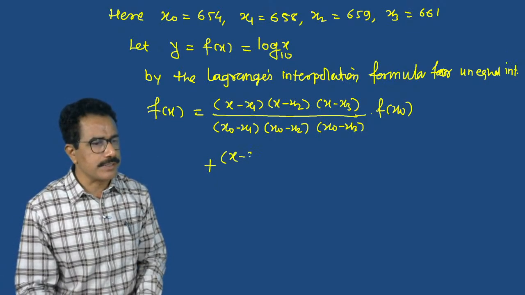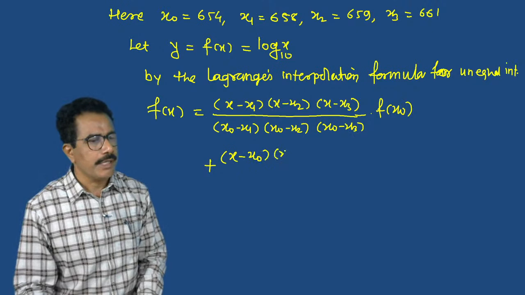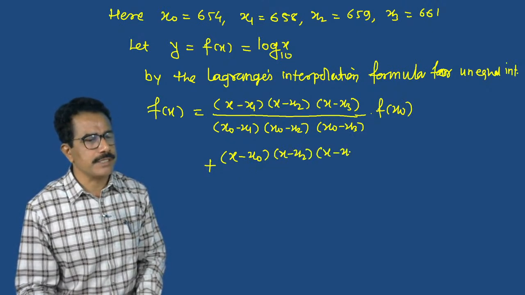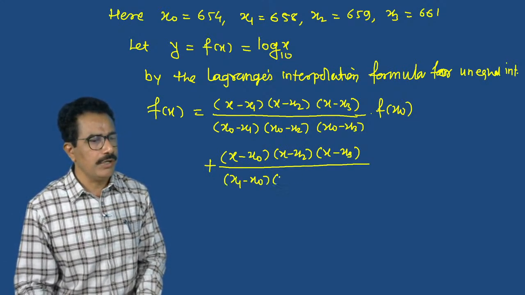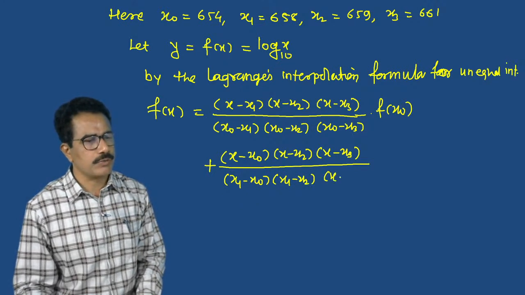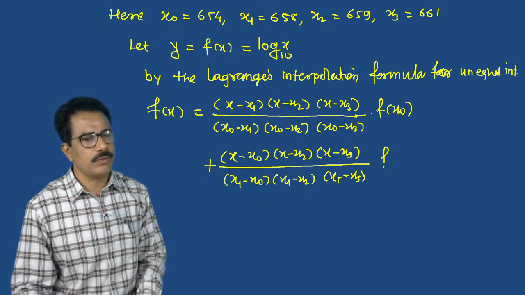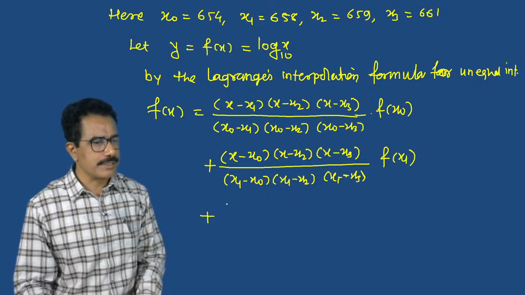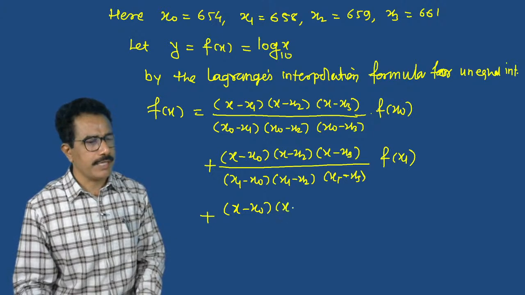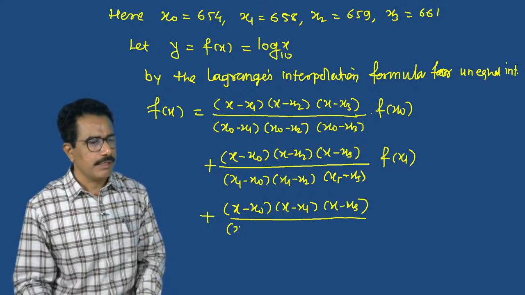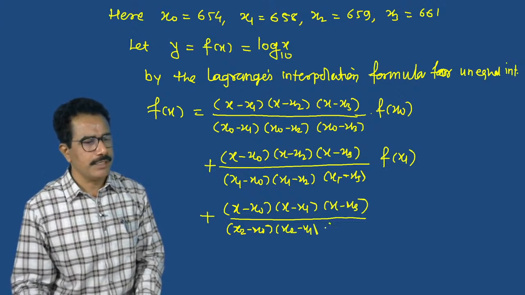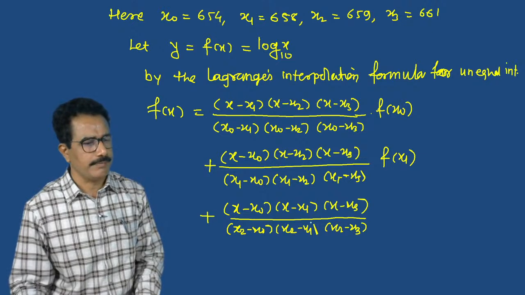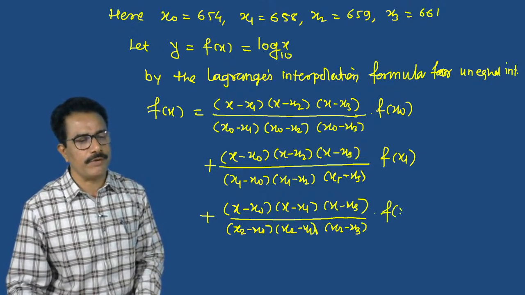So x minus x0, x minus x2, x minus x3 divide by x1 minus x0, x1 minus x2, x1 minus x3 into f of x1 plus x minus x0, x minus x1, x minus x3 divide by x2 minus x0, x2 minus x1, x2 minus x3 into f of x2.